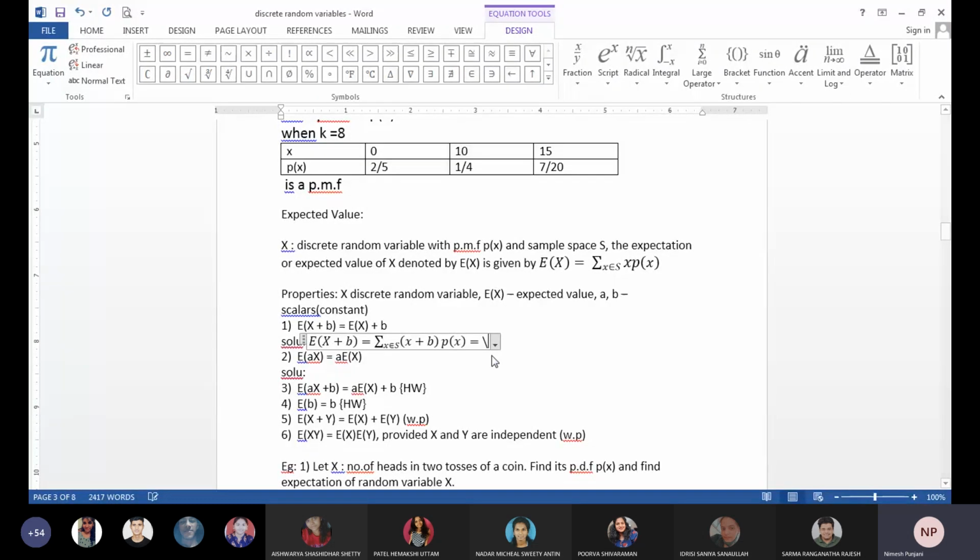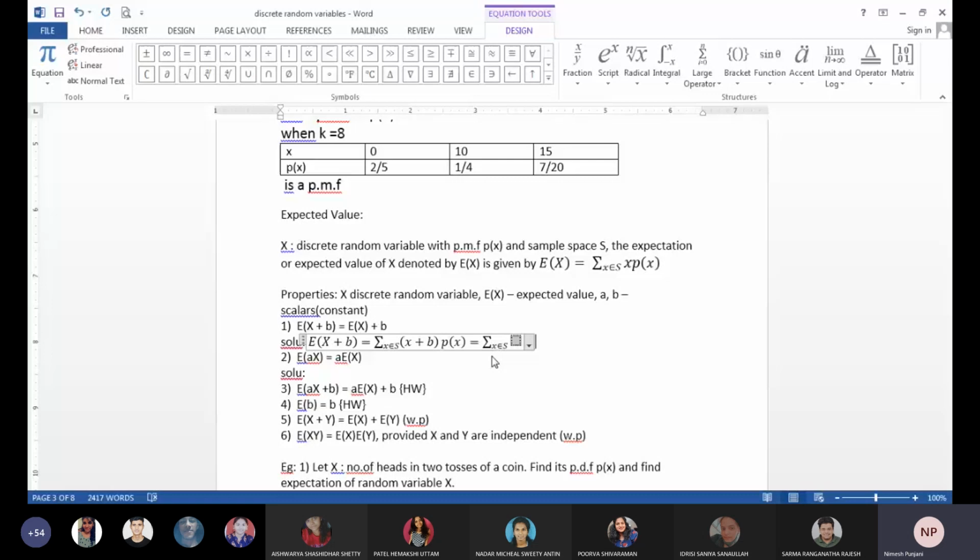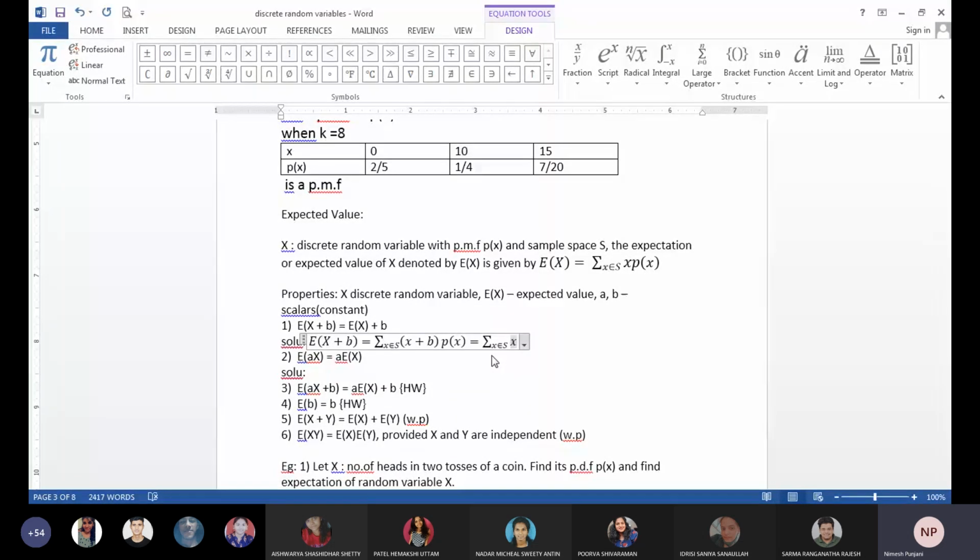Now using the property of the summation, this you can write as summation of x p(x) plus summation of b into p(x).